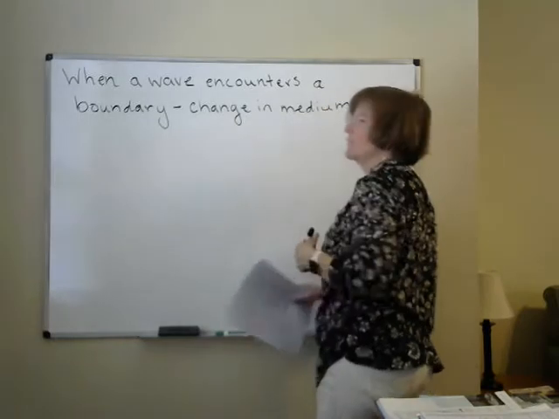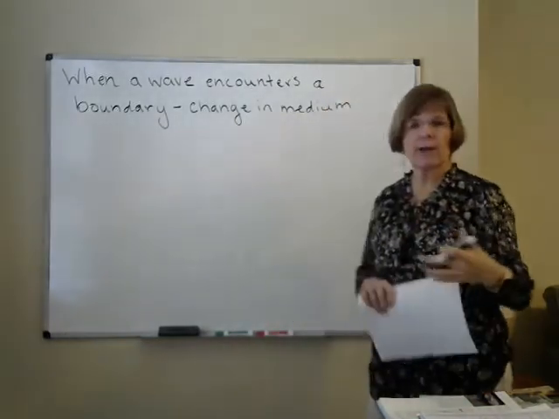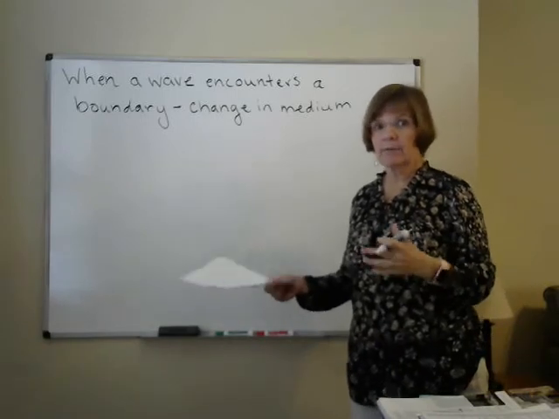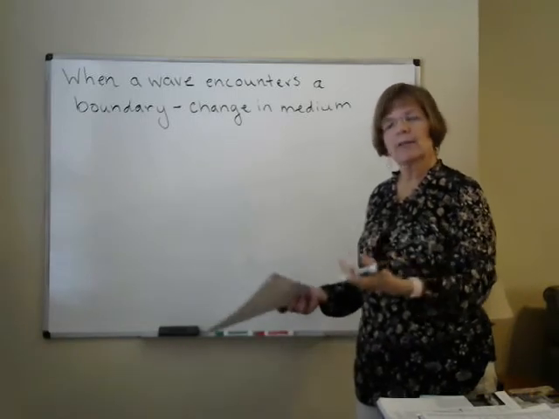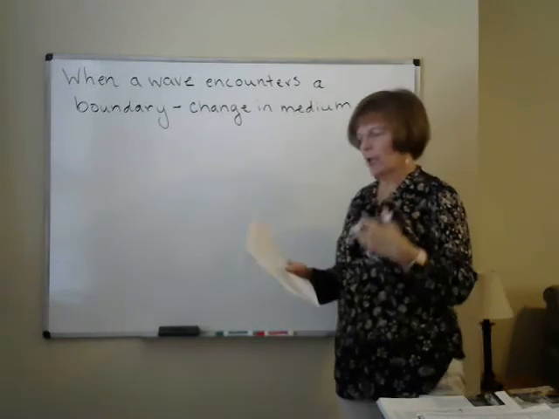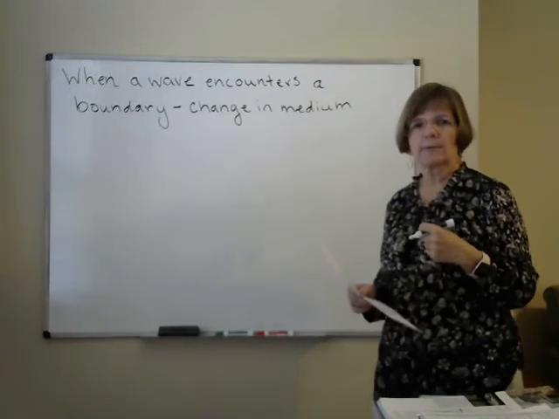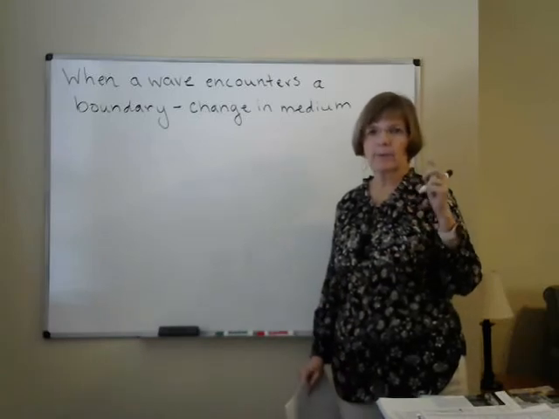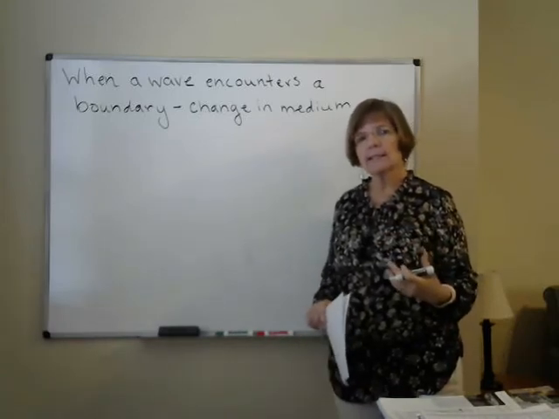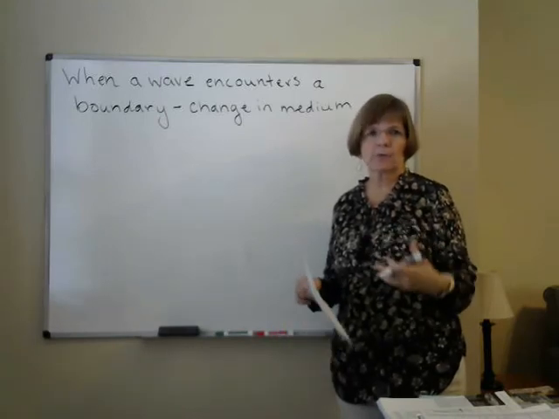Maybe it's a sound wave traveling through air and then it's going to travel into water. Maybe it's the sunlight, even though that's not a mechanical wave, traveling through air and now it's going to travel through glass. Anytime we get a change in medium, there's really three possible outcomes. The wave can be reflected, the wave can be refracted, or the wave can be absorbed.